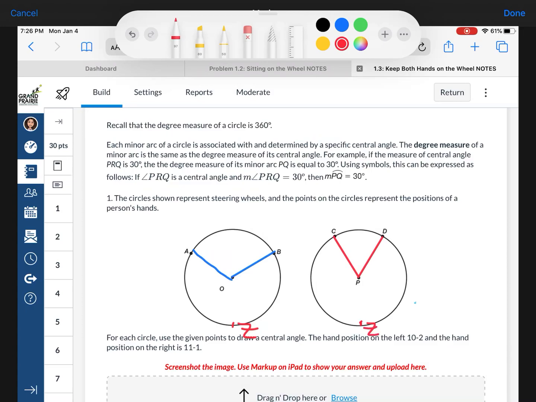Okay, so we know that the measure of AOB is 120 degrees, and the whole circle is 360. So to find the measure of the larger arc, all we have to do is subtract it from the entire measure of the whole circle. So 360 minus 120 would give us that answer.